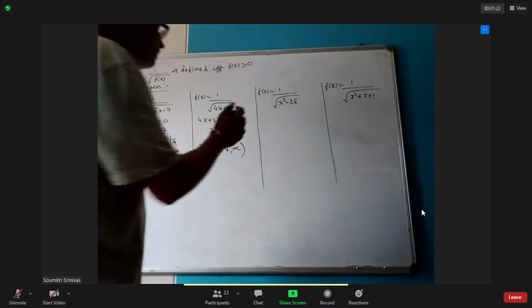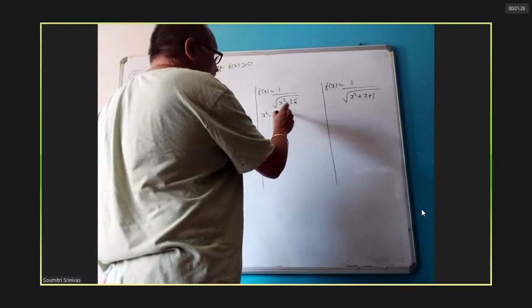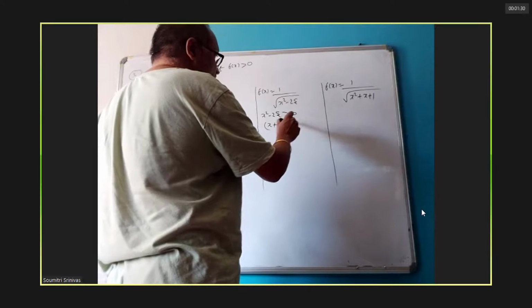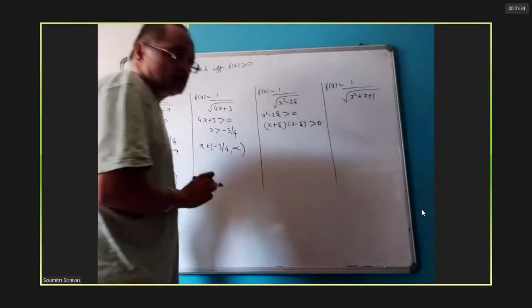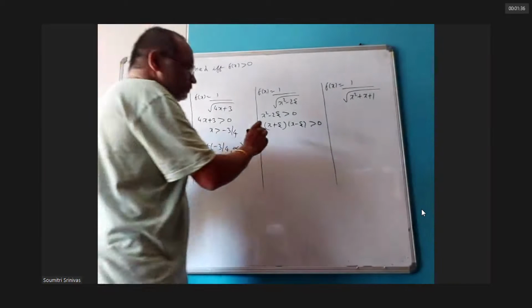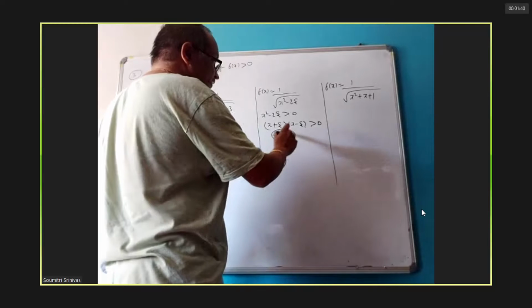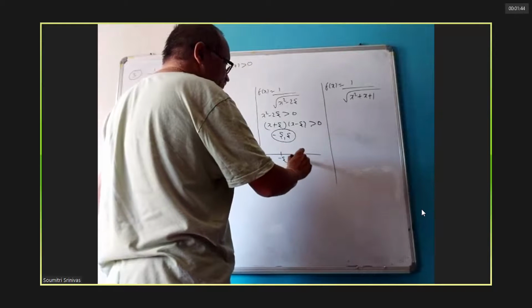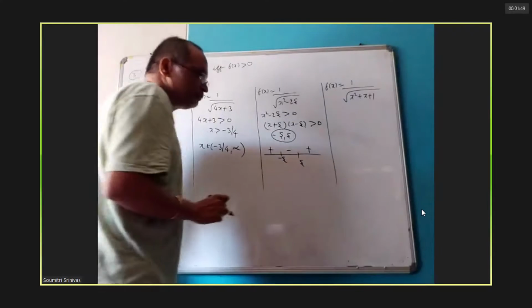What's the next one? X square minus 25 greater than 0. X plus 5 into x minus 5 greater than 0. Factors are minus 5 and 5. Plot them on the number line: least minus 5, greatest 5. Positive, negative, positive.